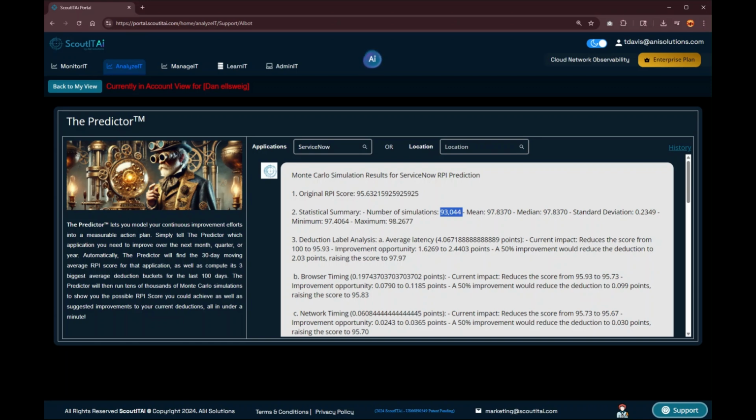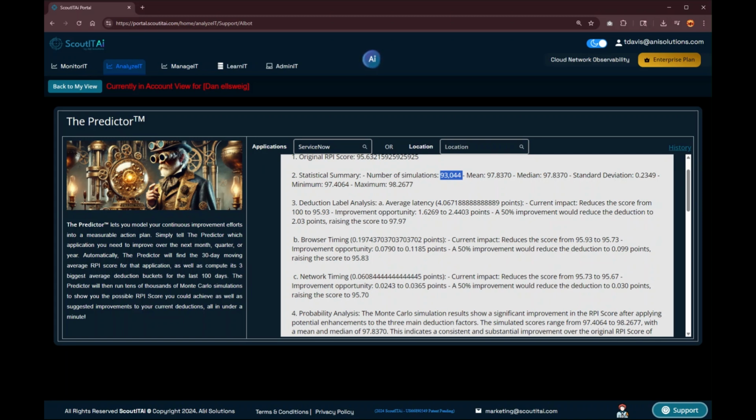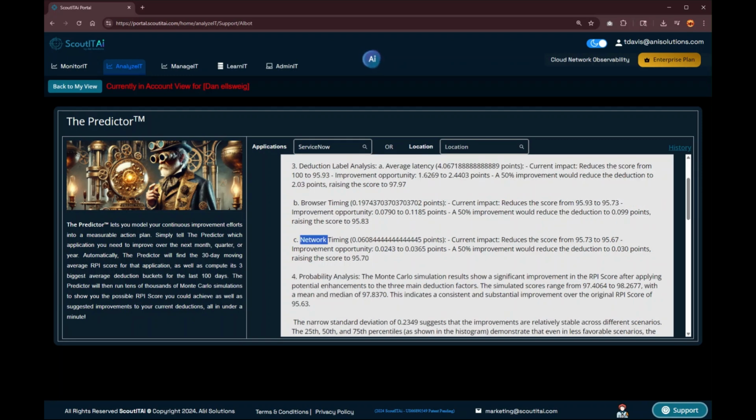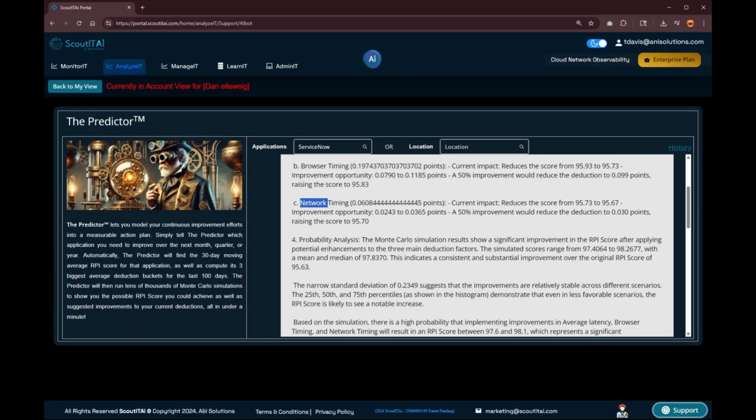Next, we'll look at what's hurting this application the most. In this case, it's latency to ServiceNow. He says that if your teams could work to make a 50% improvement, you can raise your score. He also looked at browser timing and network timing as being small contributors to the deductions against your reliability.